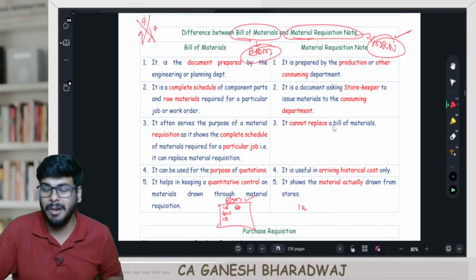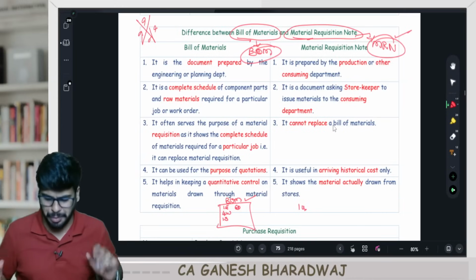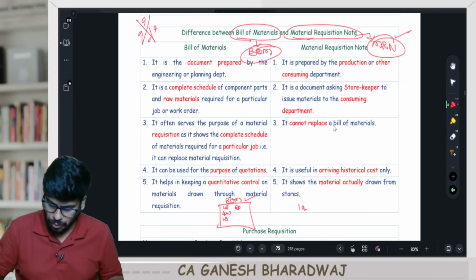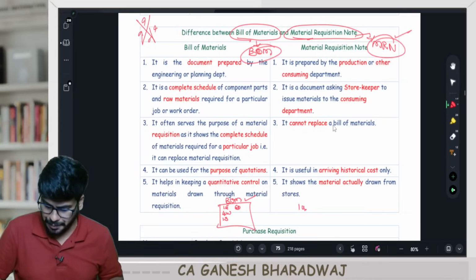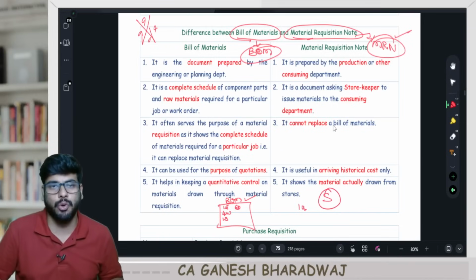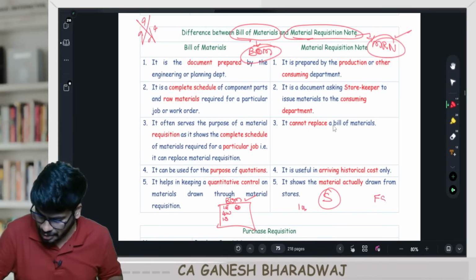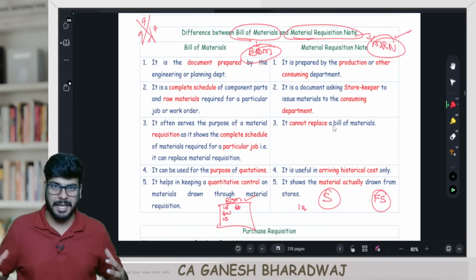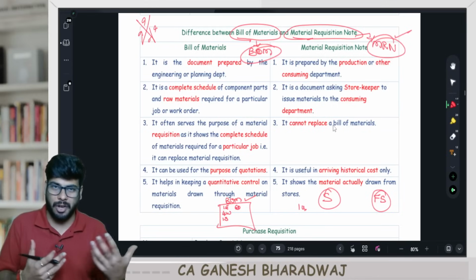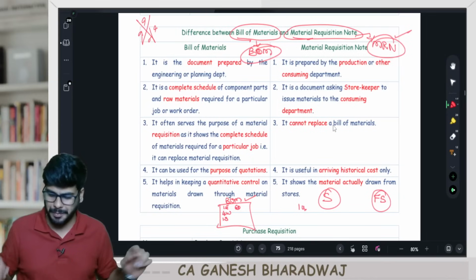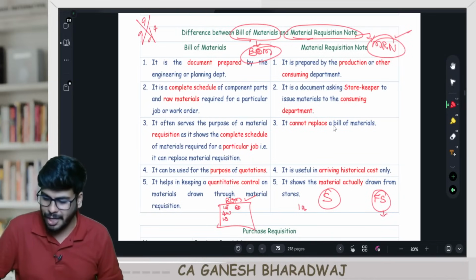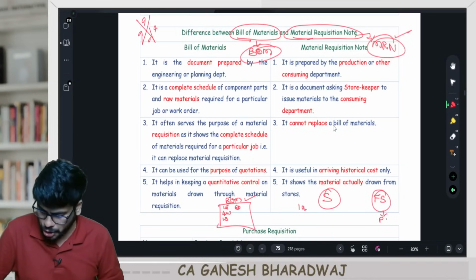Whereas your MRN, what do you mean by MRN? Simple. Now, in your factory, there is one area called stores where raw material is stored. There is an area called the factory shop where the machines are, and this is the place where the raw material gets converted into FG. The head of this factory shop is your production manager.